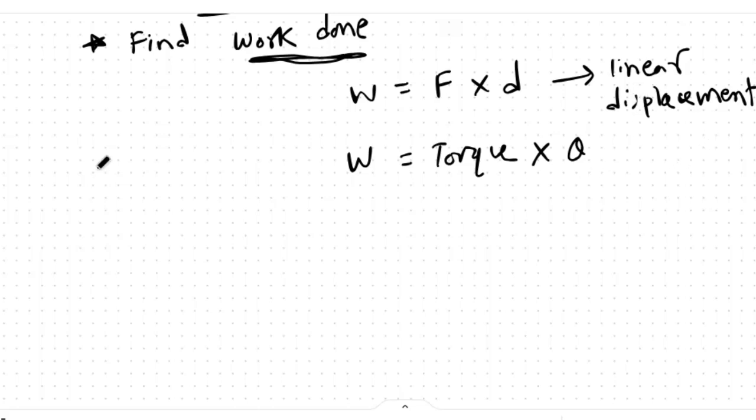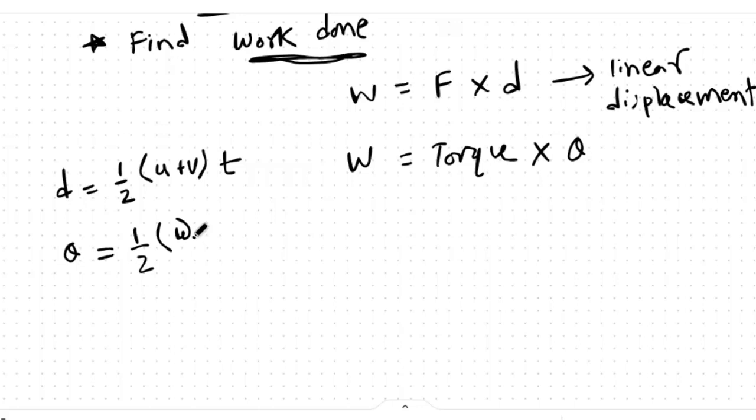So let us calculate the angular displacement. We can use the kinematic equation over here. We know this formula: displacement is equal to 1/2 (u plus v) t, that is, average speed into time gives you the displacement. But this is for linear motion. For rotational motion, we have an equivalent formula which says theta, that is angular displacement, is equal to 1/2 (omega i plus omega f) t.